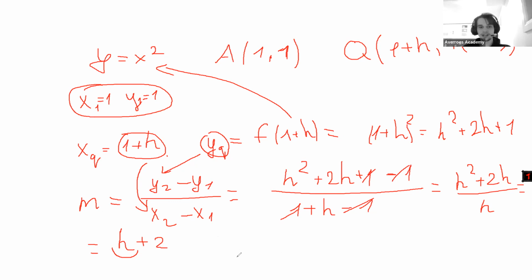So we're going to rewrite this operation as a limit for x equal to 1, because this is the point that we are searching the tangent line in. You see?